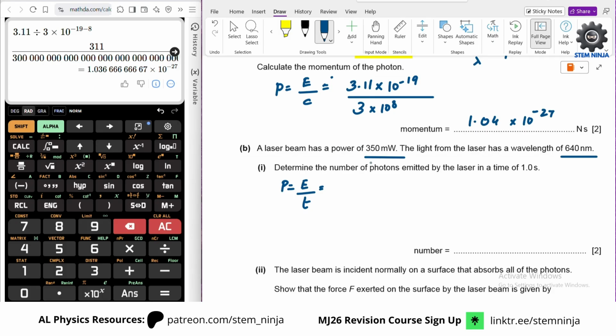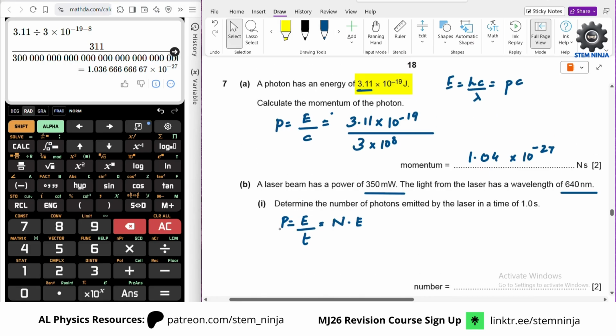Energy, obviously, is the number of photons, n, times the energy of 1 photon. Wait a second, is it the same thing?